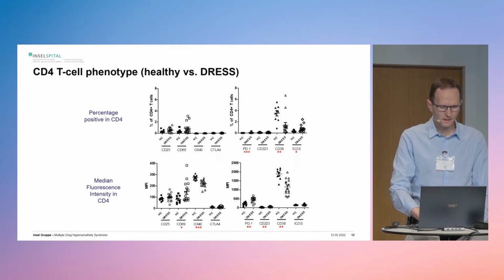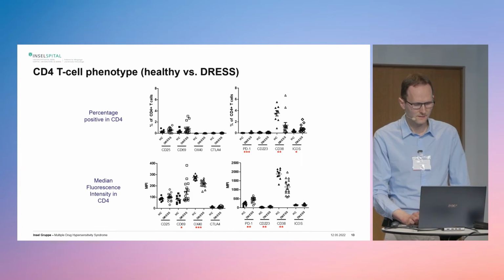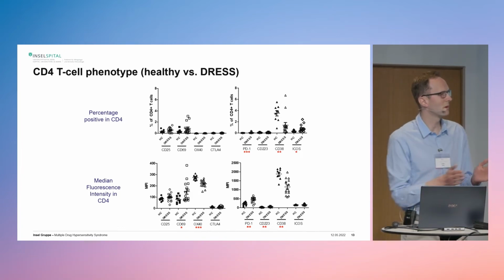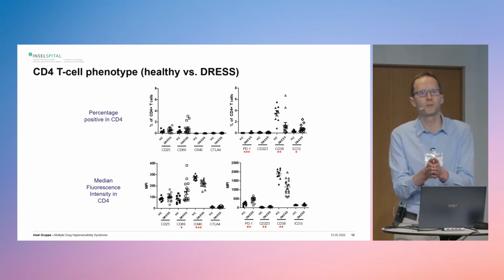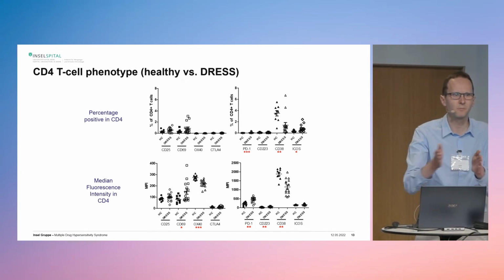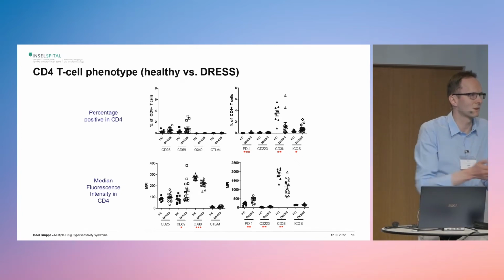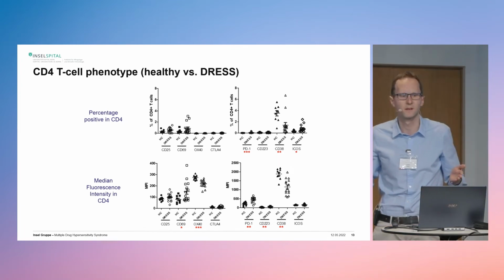Now I show you the very preliminary data. It's practically raw data we have at the moment. In general, we hoped to find a difference between DRESS patients with MDH and DRESS patients without, and we did not find any difference.